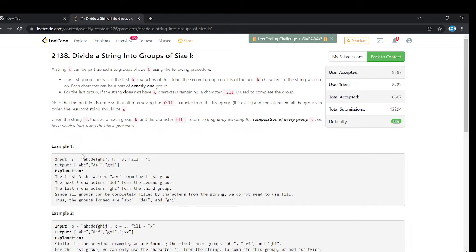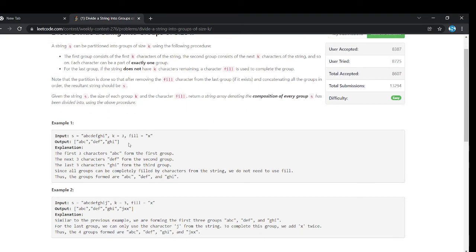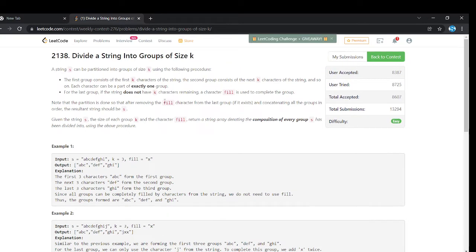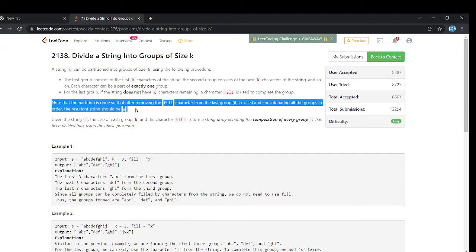We would be able to do this only if the length of the string given to us is a multiple of k. If it is not, then we are also given a fill string which contains a single character that can be used to fill up the remaining members.